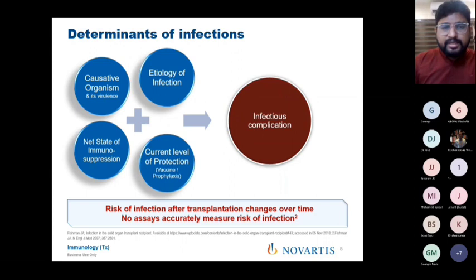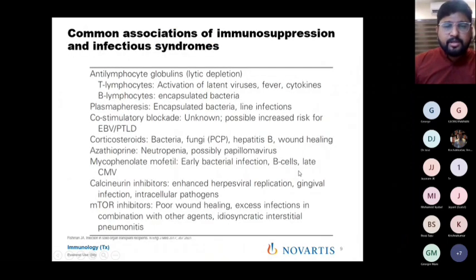These factors in combination really determine the infectious complication. So the risk of infection after transplant really changes over time, and no assays so far can accurately measure the risk for infection, as we measure the chance of rejection, at least with certain immunological markers.